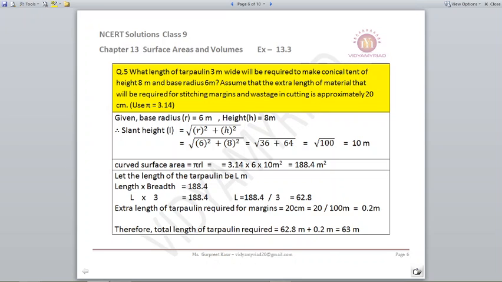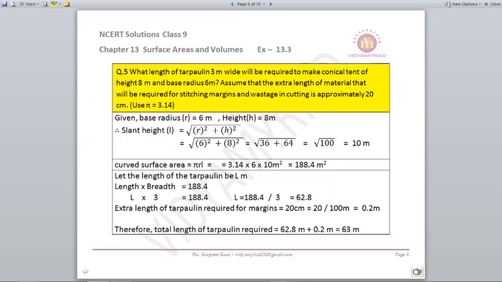The area of the rectangle will be the same as the area of the cone made from it. We already have the area of the cone and we know the breadth. We will equate both of them and we can find out the length of that sheet. So length comes to 188.4 divided by 3, which is equal to 62.8.